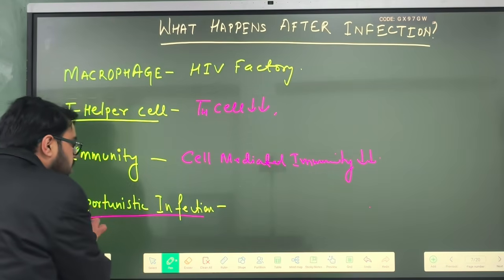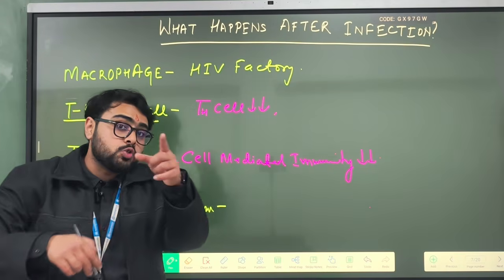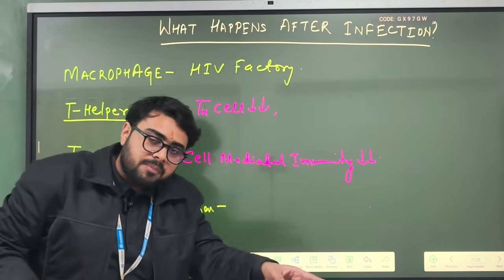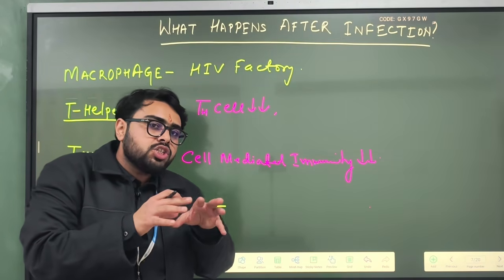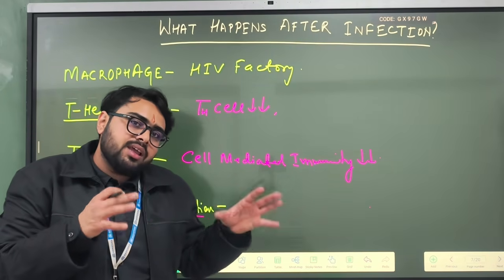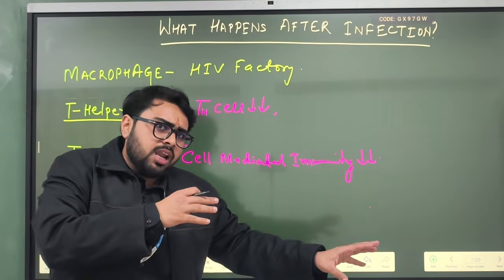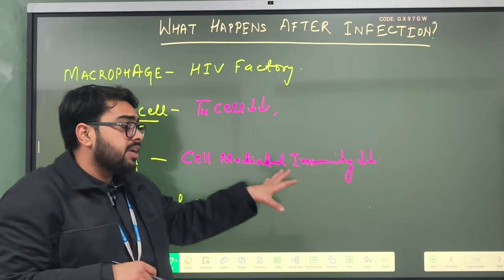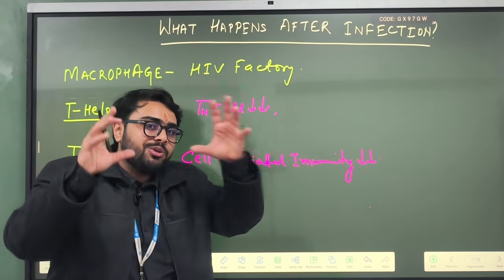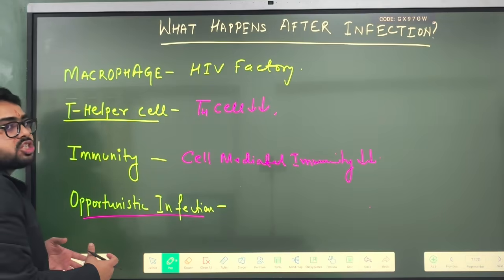Opportunistic microorganisms like toxoplasma and mycobacterium, which the body can otherwise prevent and will not allow to infect our body, now, when the cell-mediated immunity gets compromised, there will be opportunistic infection.